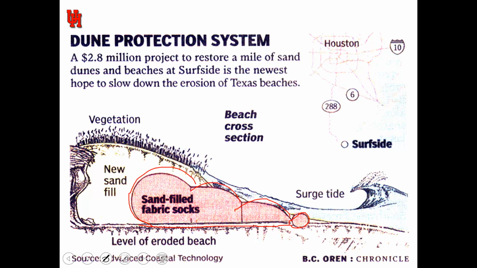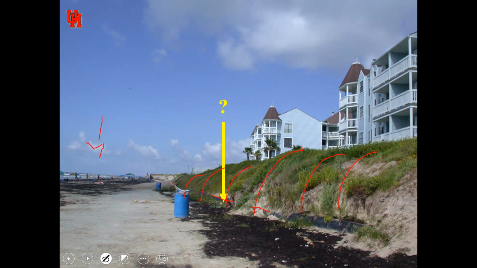It's called a geotube. And it's full of sand, and it's made of Kevlar. And it basically is to try to protect not the beach, but what's behind the beach. Okay, so this is kind of like a poor man's seawall.